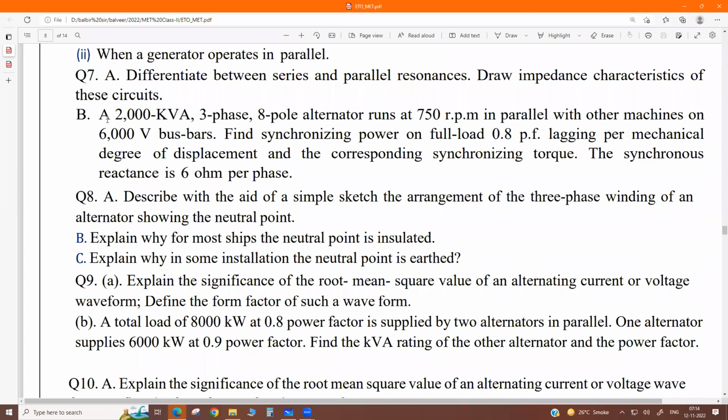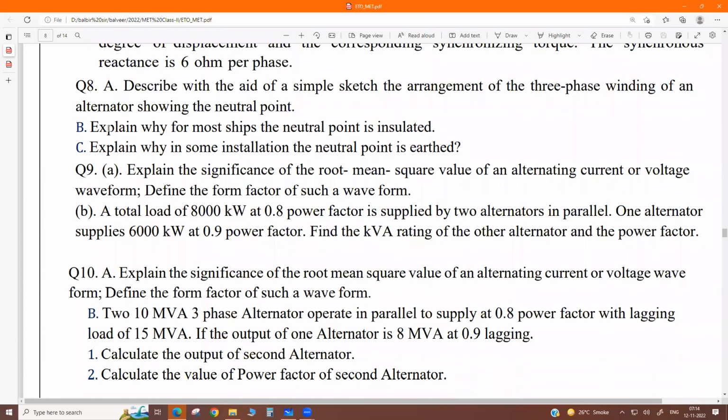Already it is solved up to some steps. Then you refer to my solutions which I have shared, for the latest questions which were asked in your ETO exam.